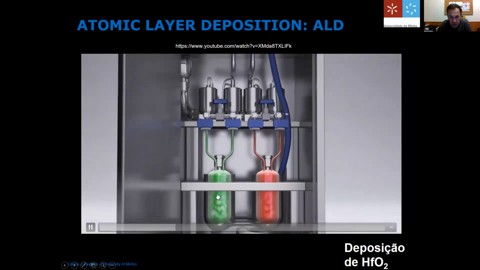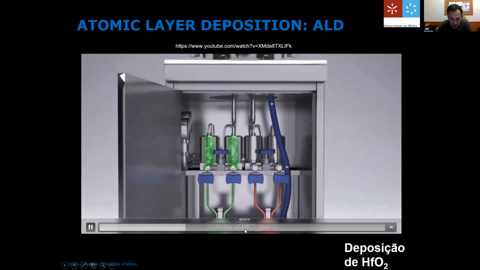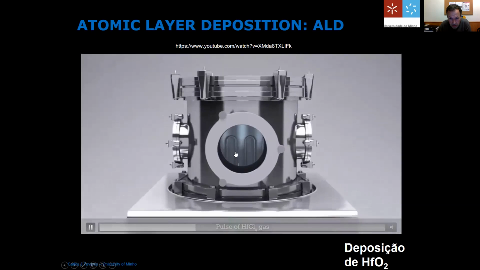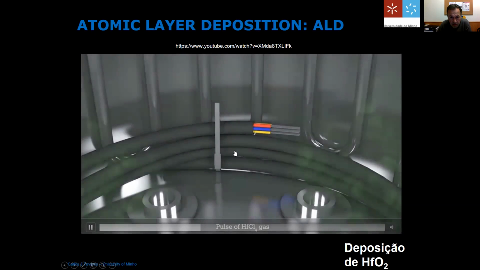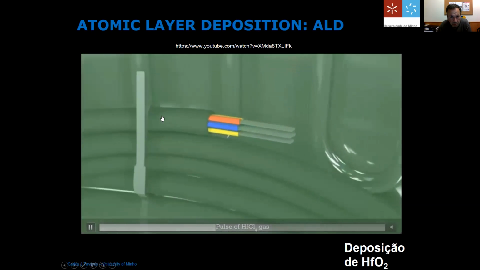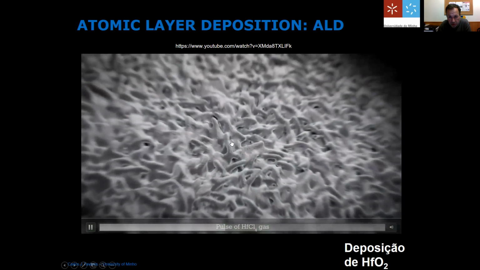So you have to have a precursor which has the hafnium, which is HfCl4 gas that is let in as a pulse into your system. The HfCl4, of course, will be absorbed on all the exposed parts, not only here on the cores of the fiber optics, but also on the shielding.